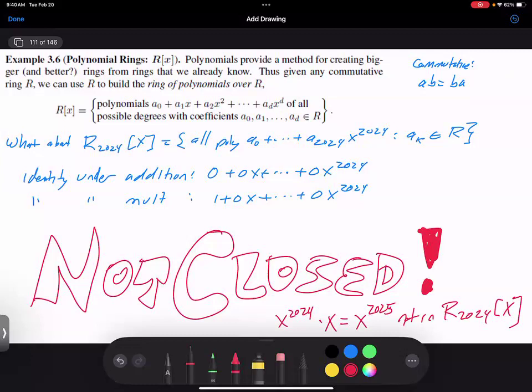And this explains why when we were looking at it, we said of all possible degrees. I'm never looking at an infinite polynomial, never taking a polynomial with infinitely many terms. I'm just saying it's all polynomials with a finite degree.